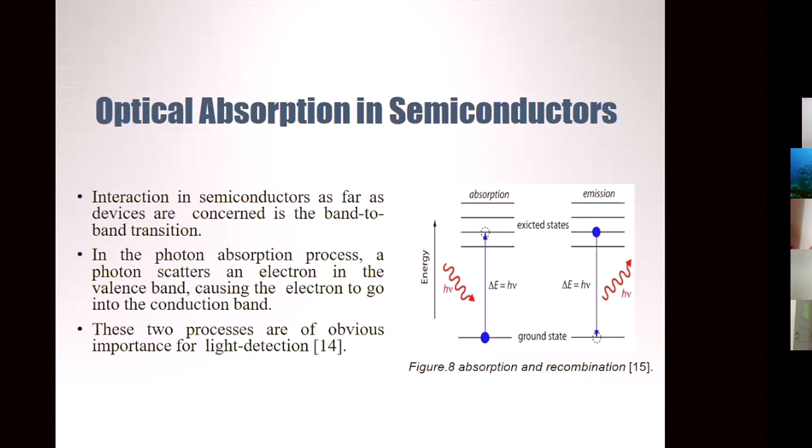These two processes are of obvious importance for light detection. Like when the electron is at the ground state, the photon or light is absorbed by the electron and the electron becomes excited. So it goes to a higher energy state. This is basically called absorption.